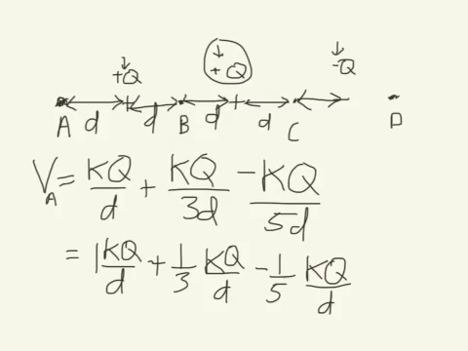And we can write this equation like this, which lets us see that we're really just summing up the number of KQ over D's that there are. So if we add 1 plus a third minus a fifth, we get 1.13 KQ over D's.